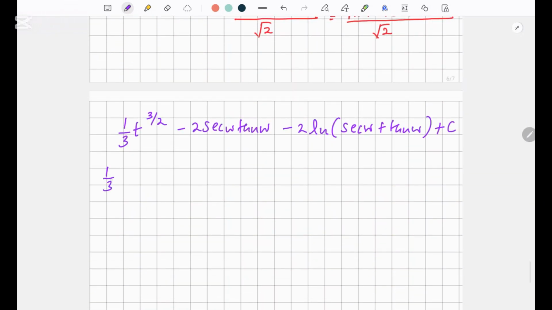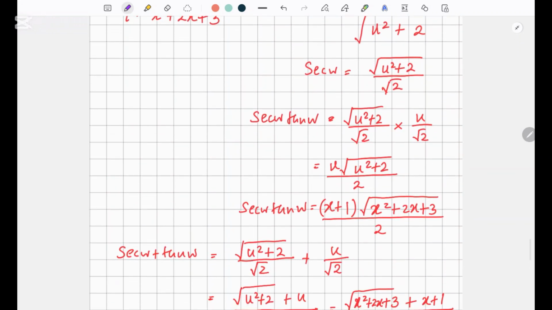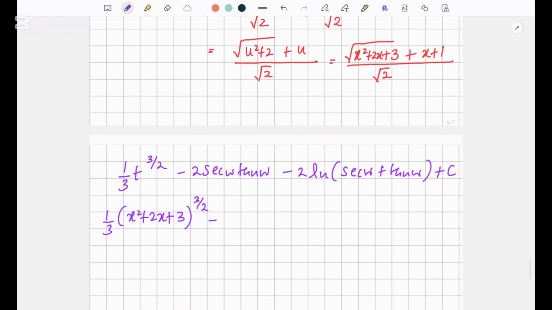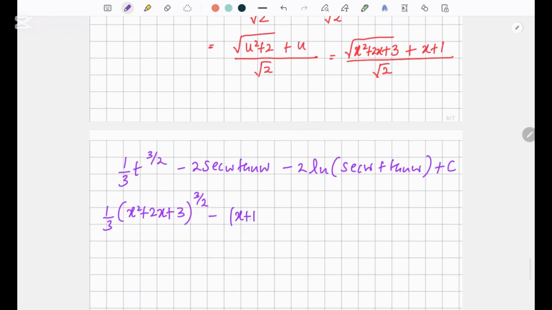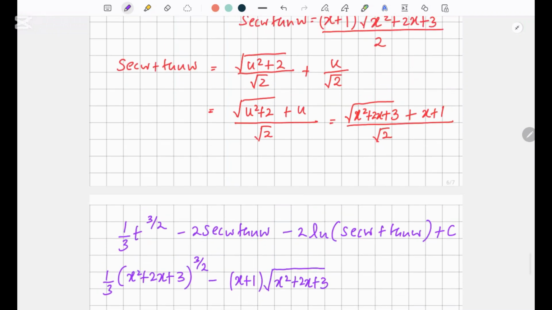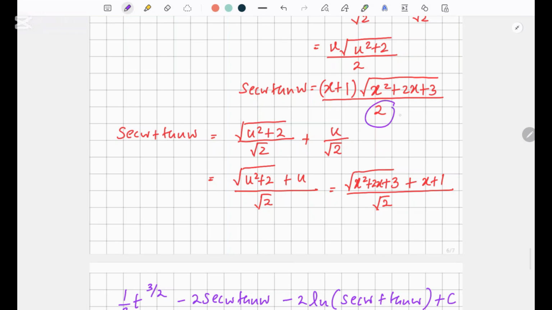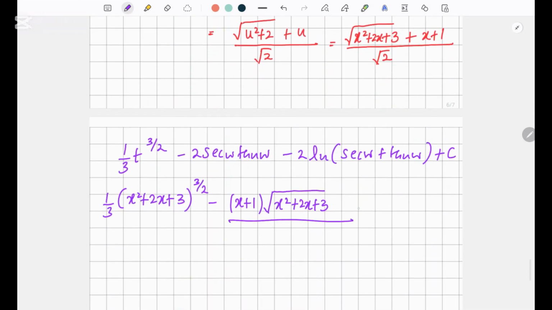So 1 over 3 into x squared plus 2x plus 3 to the power 3 over 2 minus, what was sec w tan w? Sec w tan w was x plus 1 into square root x squared plus 2x plus 3. But there's a 2 in front and we have a 2 at the bottom, so you can see they'll cancel off. So you could just leave your answer like that.